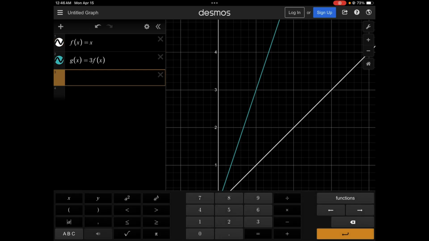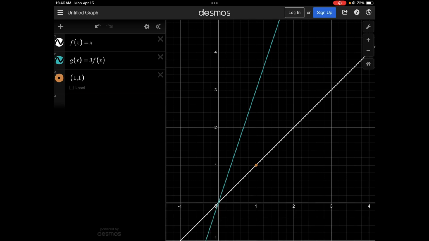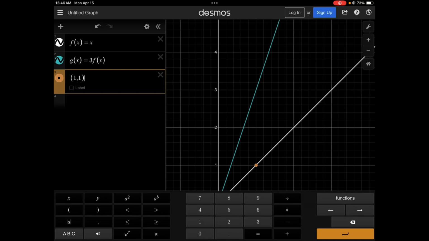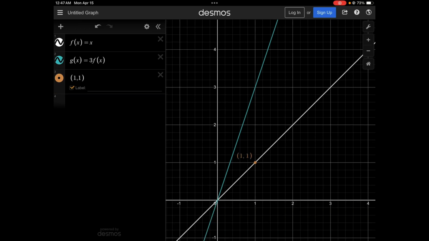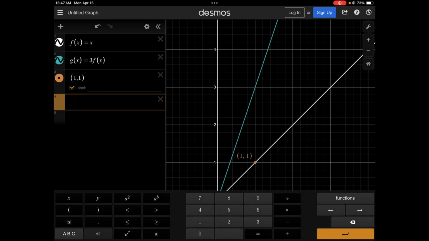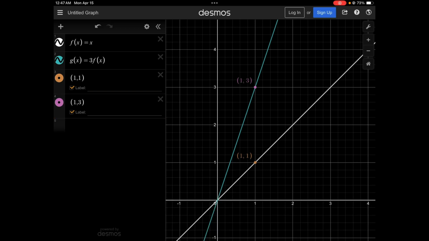Now let me tell you what point I'm talking about. You see this point here? It used to be there. Now it has gone up, and it's right there.